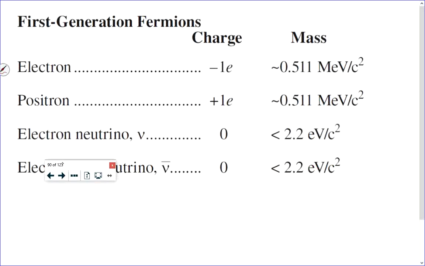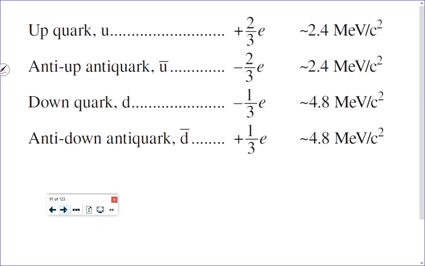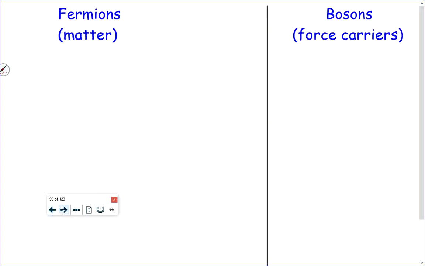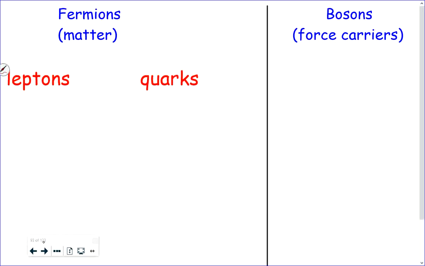Once again, here's the first generation fermions and their antiparticles. So these are the leptons and these are the quarks. So just to run through, this might be helpful, and you can certainly take a picture of this when I get to the end of this slide. This might be helpful for you visual people.